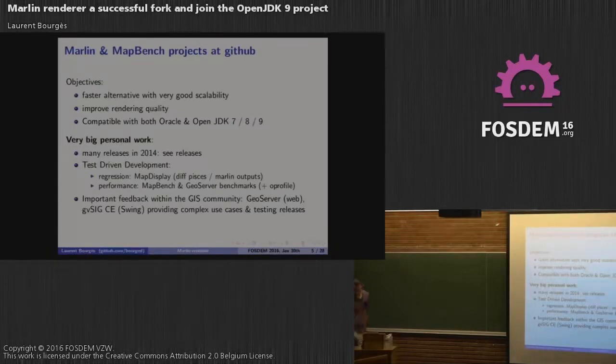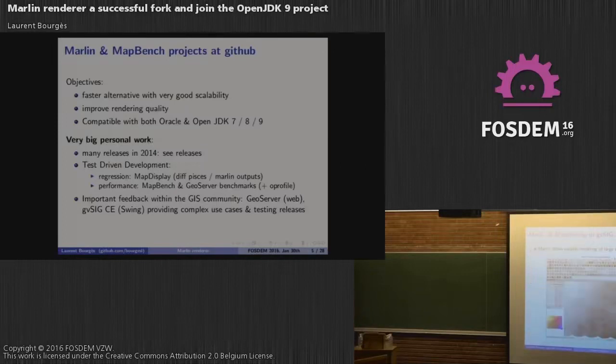Also, performance: a lot of benchmark runs and profiling. Moreover, these releases had some exposure in the GIS community. Mainly Laurent from GeoServer made a lot of benchmarks, and the gvSIG team provided some use cases and testing. It was very great feedback.